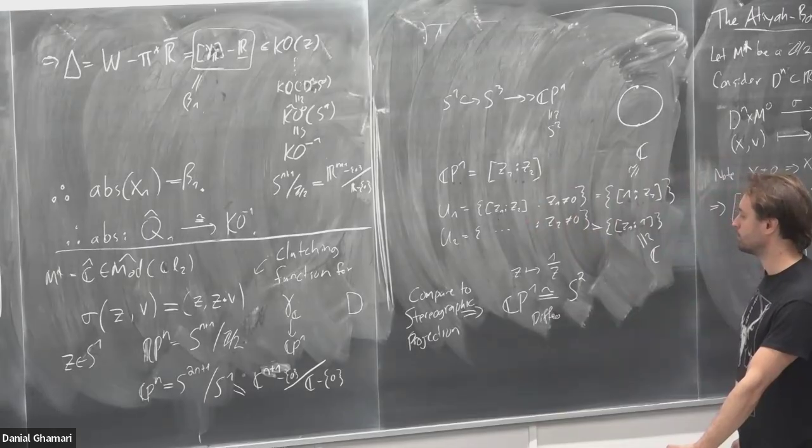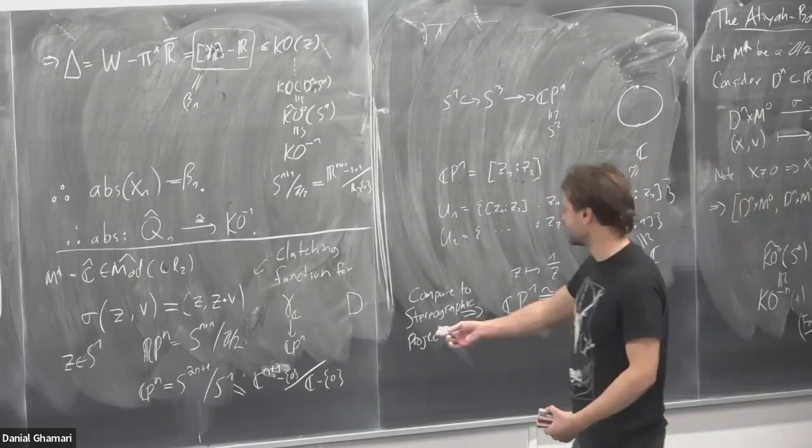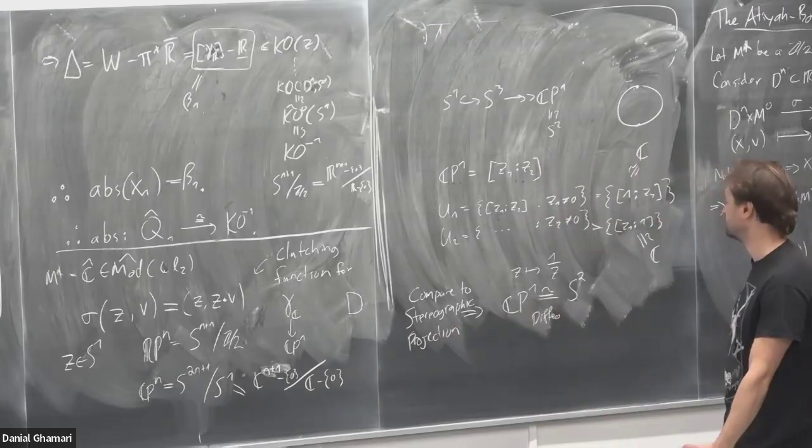You don't have to worry about conversion in circles and stuff, because when you're acting by scalars, it's not that much more complicated.